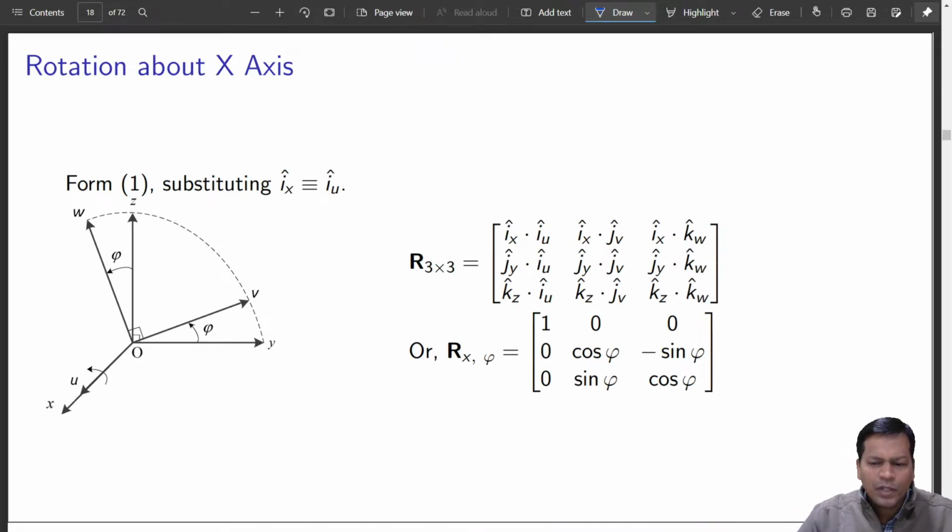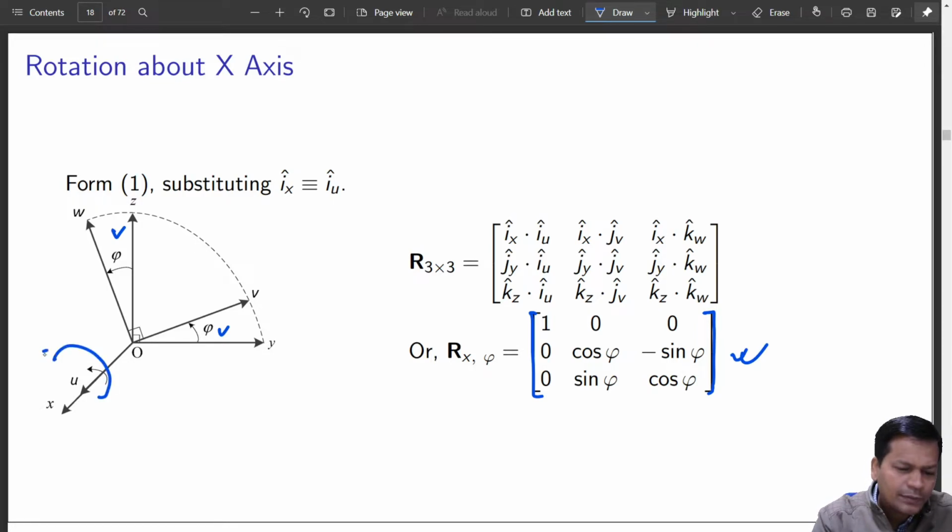So let us say you want to rotate about the x-axis. So effectively you get something like this. This is for rotation of an object, if you want to rotate an object by angle psi about axis x. You can take this as x, y and z.